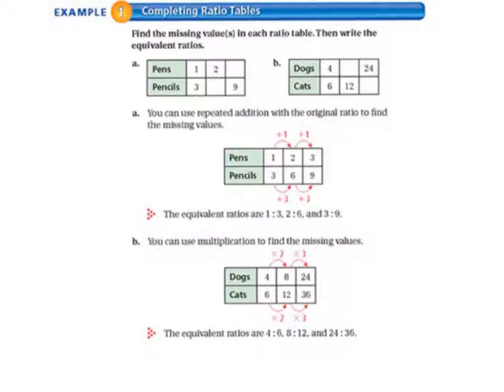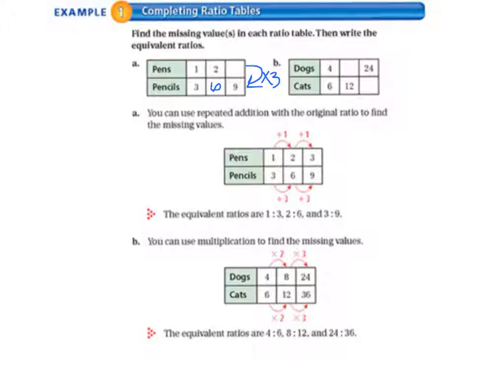So we'll be taking the top number, the pens, and multiplying that by 3 to get the bottom number, the pencils. So 1 times 3 is 3, 2 times 3 is 6, and then to get from 9 up to the top number, we have to go backwards, so we have to use inverse operations.